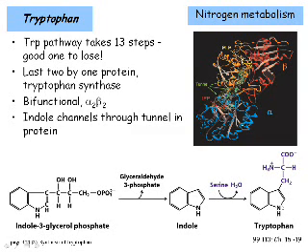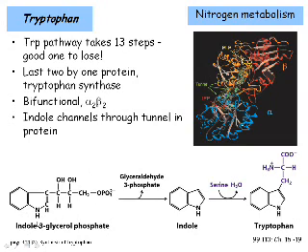So it's not at all surprising that tryptophan is one of the ones that's most often lost in the evolution of metabolic pathways. The last two steps of tryptophan synthesis actually occur on the same protein. So tryptophan synthase is a bifunctional protein that has two enzymatic activities in the single protein.